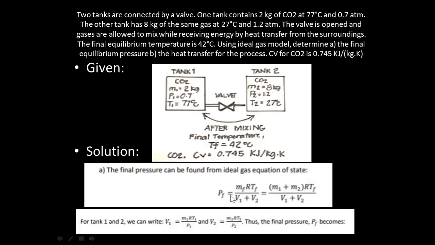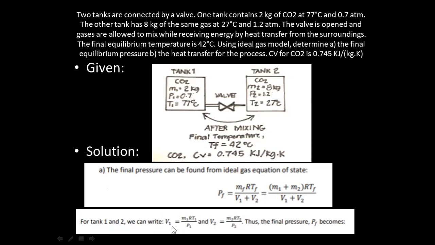If we further simplify this, since we are dealing with two tanks, the total mass of the mixture is m1 plus m2, where m1 stands for the mass of the carbon dioxide in the first tank and m2 the mass of carbon dioxide in the second tank, multiplied by R, the gas constant, times the equilibrium temperature, or final temperature, or the mixing temperature, all over the total volume of the gases in tanks 1 and 2. Now for tanks 1 and 2, we can write the volumes as follows.